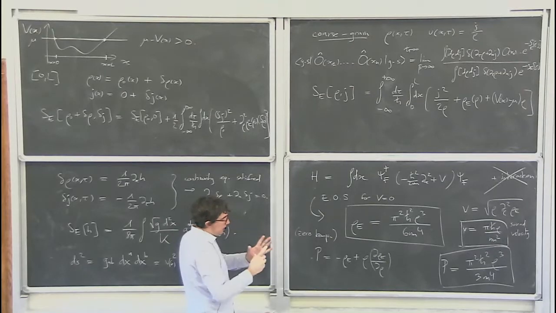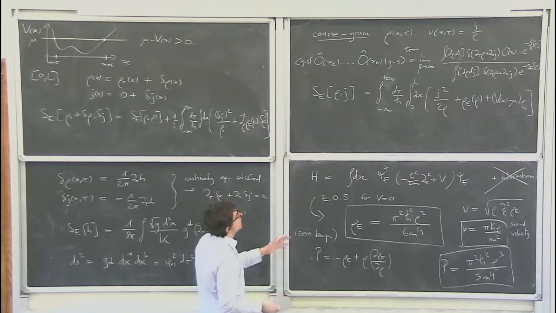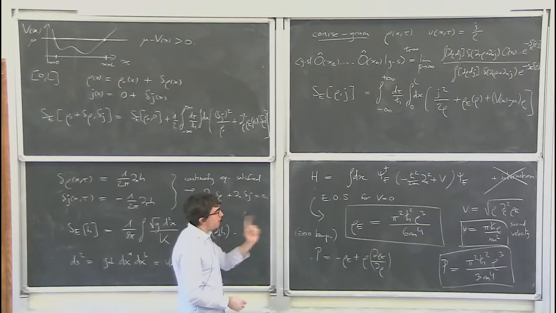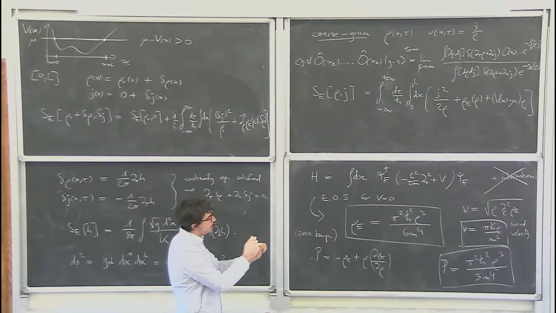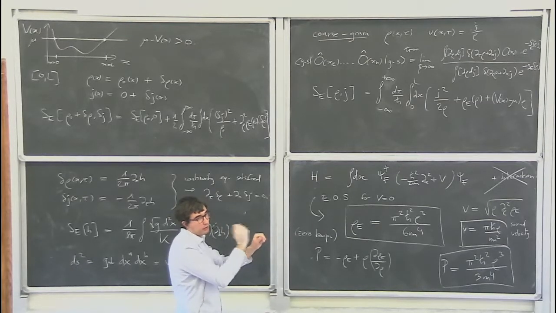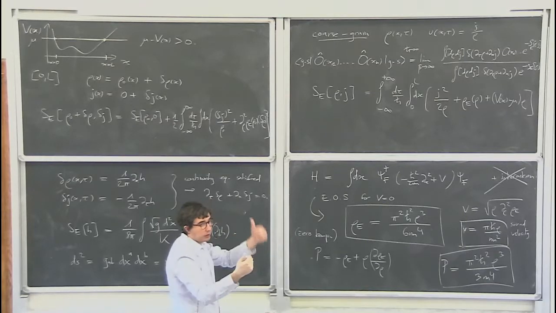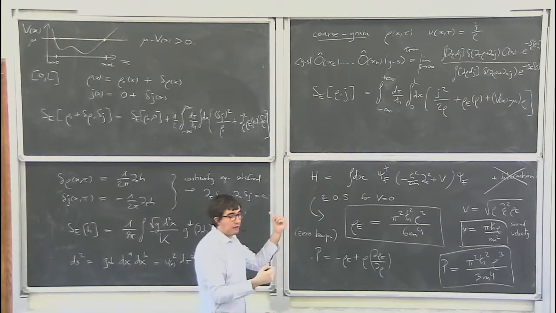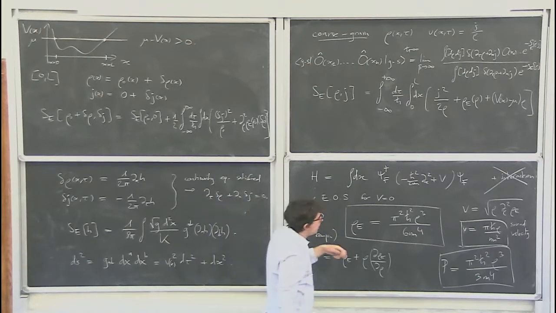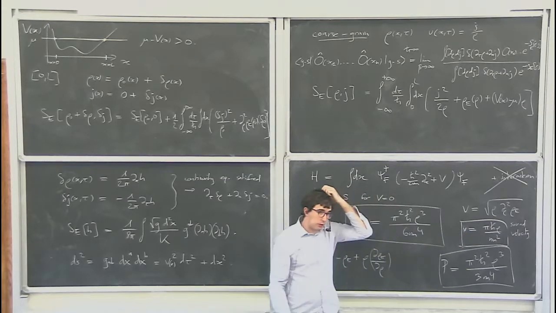You look at your gas, all the particles are moving around, you take their average velocity, and that's what u is. v is not the same thing. v is like if you take your gas at equilibrium and you kick it somewhere, then it's going to generate an excitation, part of which is going to propagate to the right, part to the left. So it generates a sound wave that goes through the system, and v is the velocity of this sound wave.